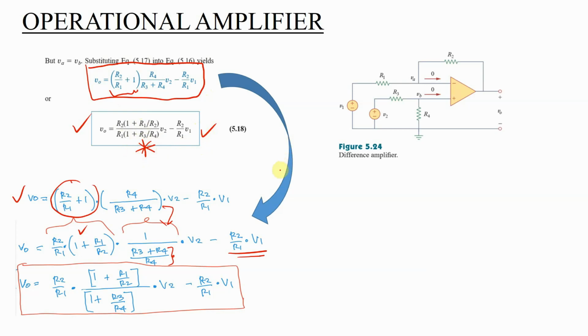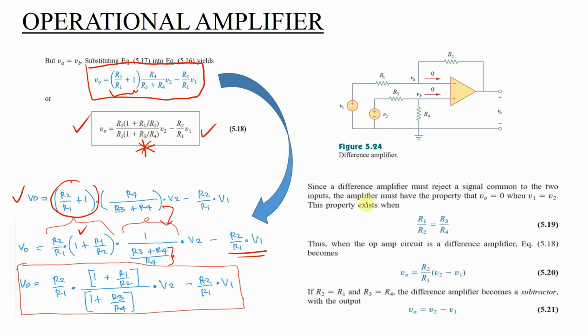Now, since the difference amplifier must reject signal common to the two inputs, the amplifier must have the property of V out equal to 0 when V1 is equal to V2. So when V1 is equal to V2, the output should be 0, right? And this property exists only when the ratio of R1 over R2 equals R3 over R4.